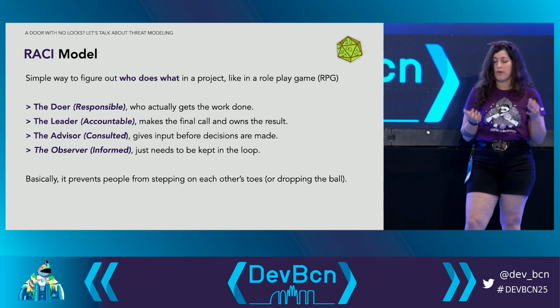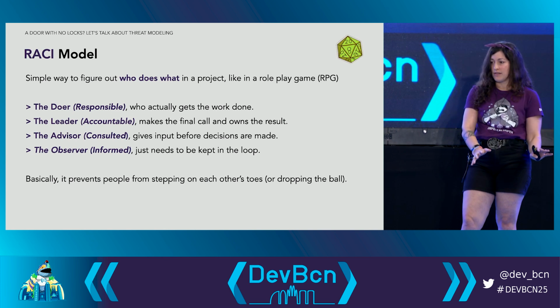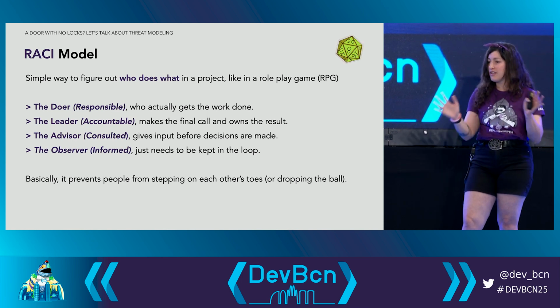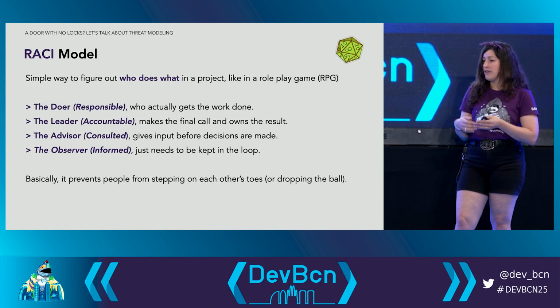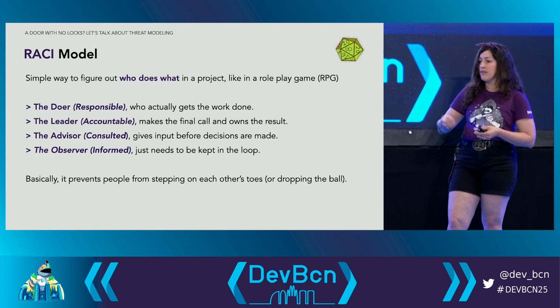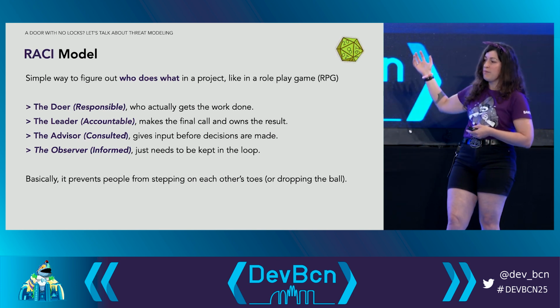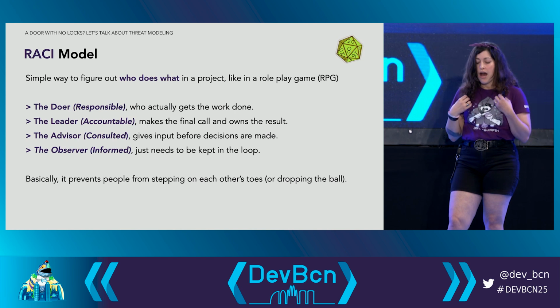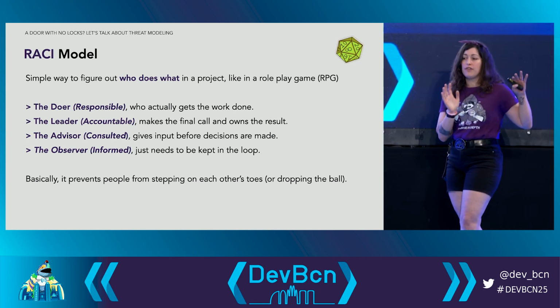So you have the responsible, that is the person that has to do the task and deliver the task. So if we are spotting threats, maybe you have the security architect or the security engineer. This person is going to be responsible for scanning the whole design and finding the threats, making an inventory, and delivering it. A leader is the person that is calling the shots.